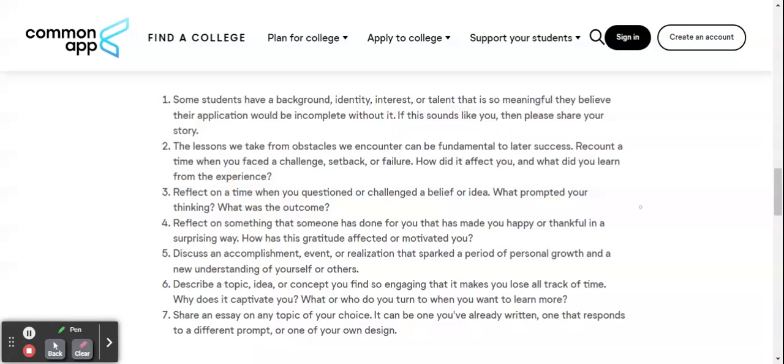because what may happen is you may decide, oh, well, I want to focus on this particular prompt. I want to focus on number 3. Well, you focus on number 3, but then you start to write your essay and you begin to realize, wait a second, this isn't looking like 3.